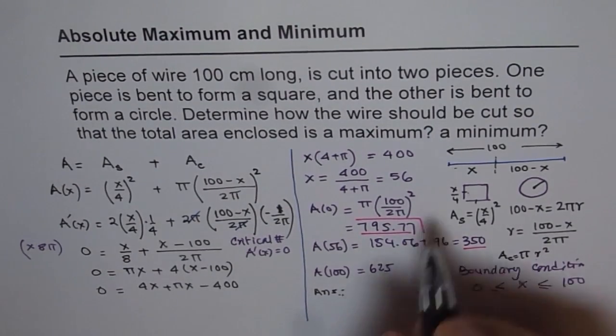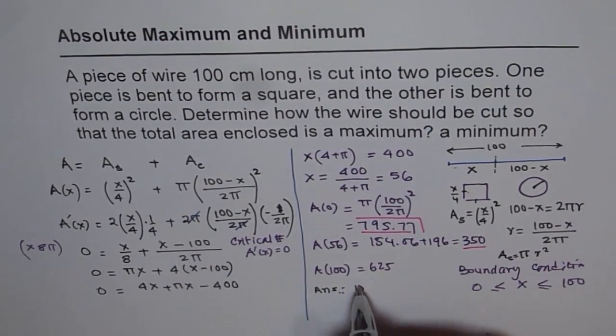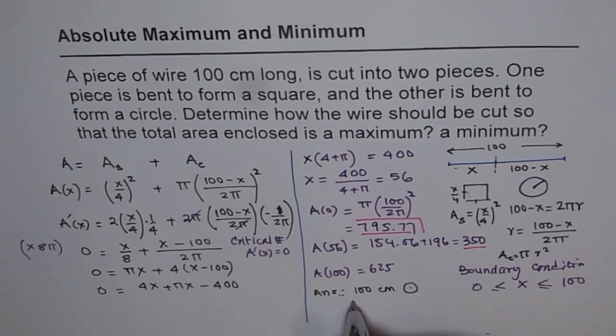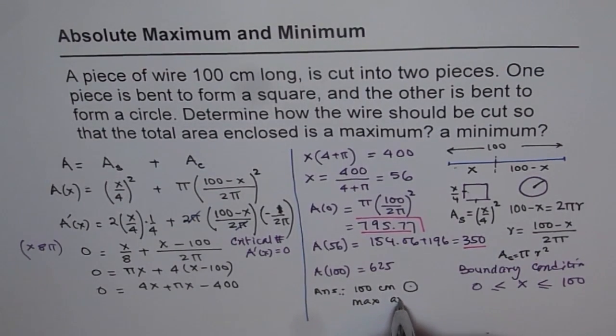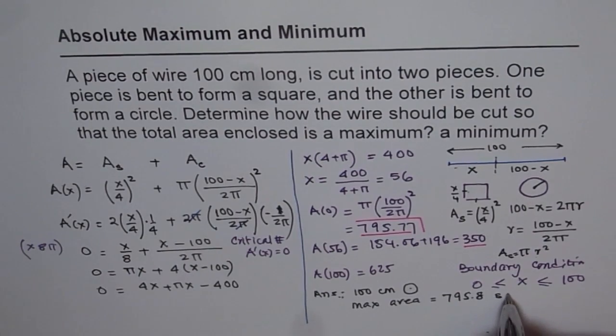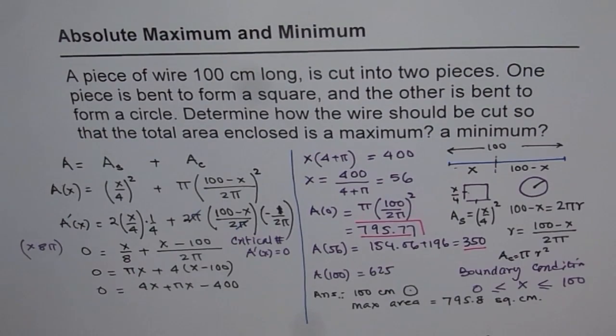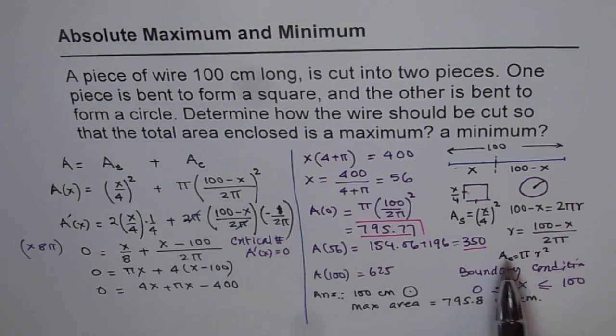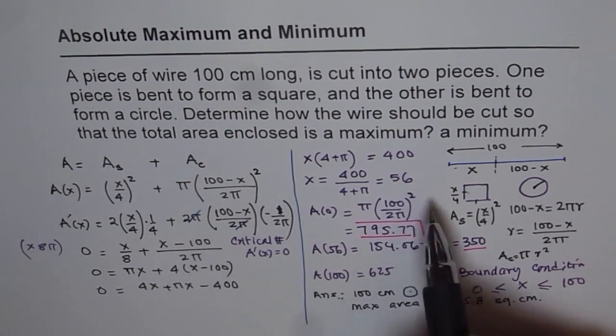So in this case, we were cutting like this. So we say 100 centimeters for the circle gives maximum area, right? And the area is approximately 795.8 square centimeters. Now the minimum area you get when the wire is cut into two pieces, and one of them is 56 centimeters long, right?